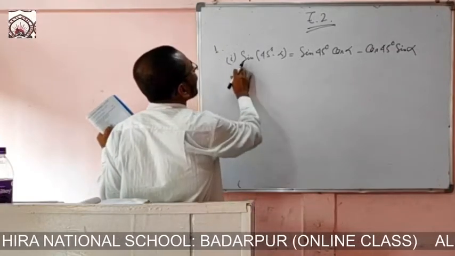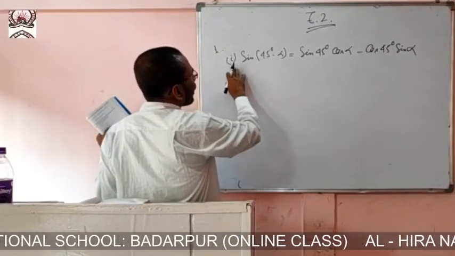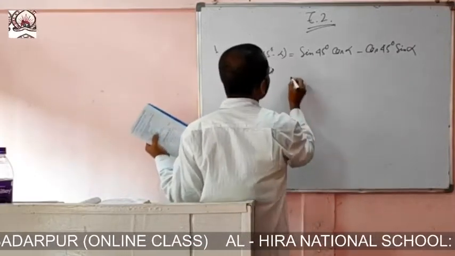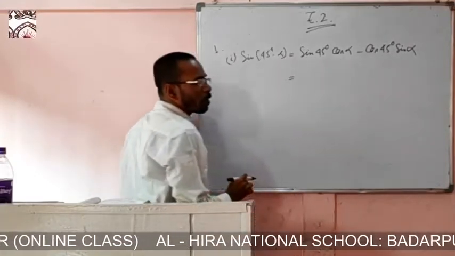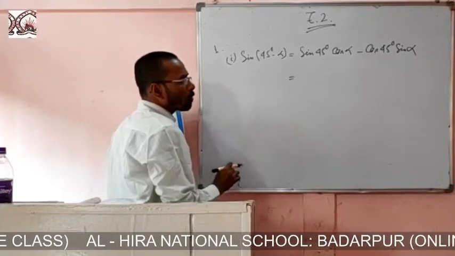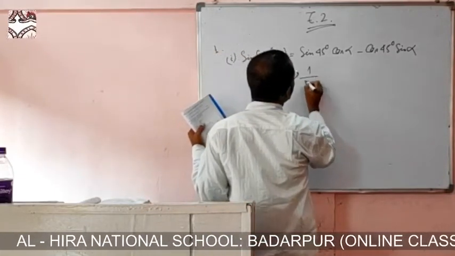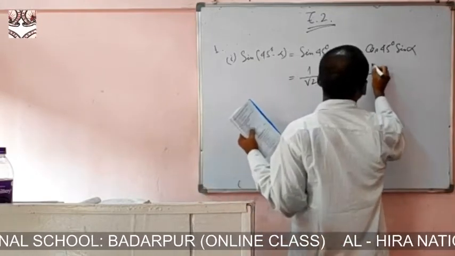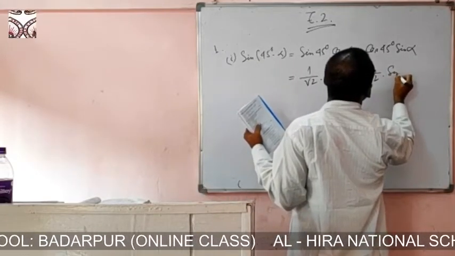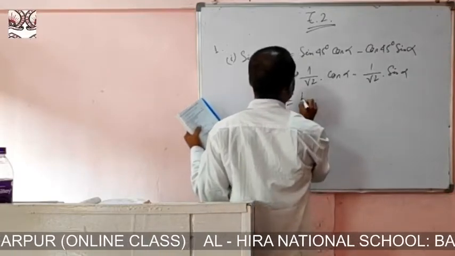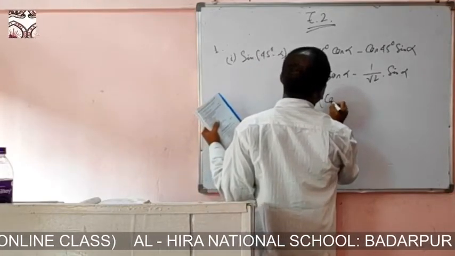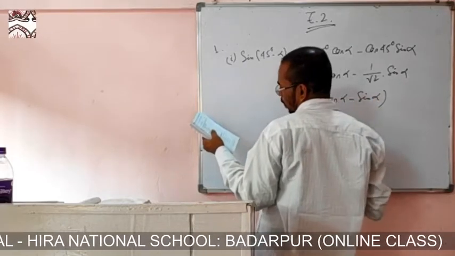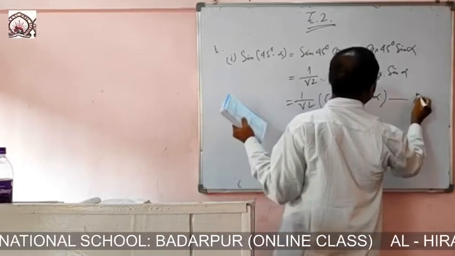What is the value of sine 45 degree? Sine 45 degree is 1 by root 2. So 1 by root 2 into cos alpha minus cos 45 degree is 1 by root 2 into sin alpha. So 1 by root 2 common, then it is cos alpha minus sin alpha. So this one is number 1.